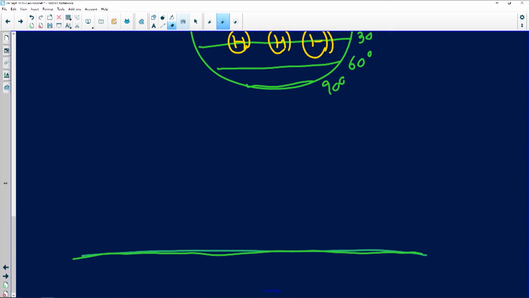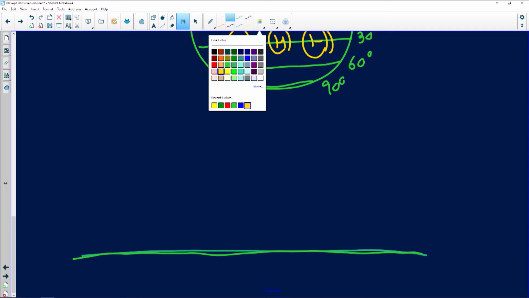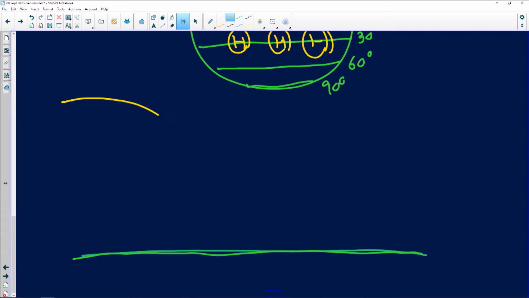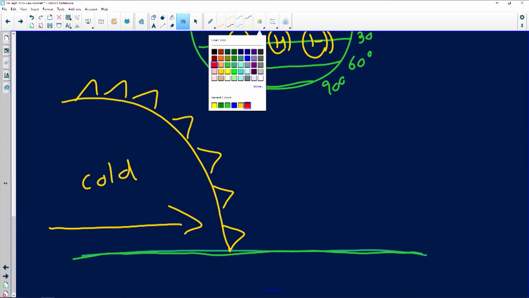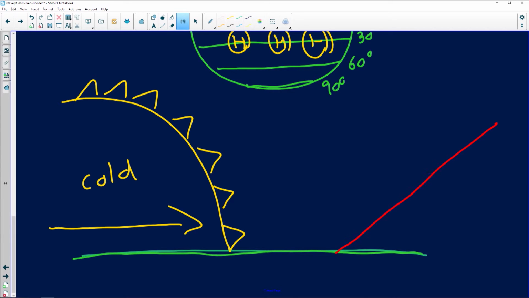My cold front is going to be represented by this yellow pen. This is the cold air coming in. This is a symbol for a cold front. And this is our warm front from a cross-sectional point of view.